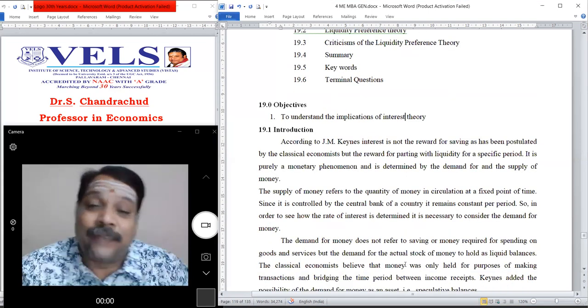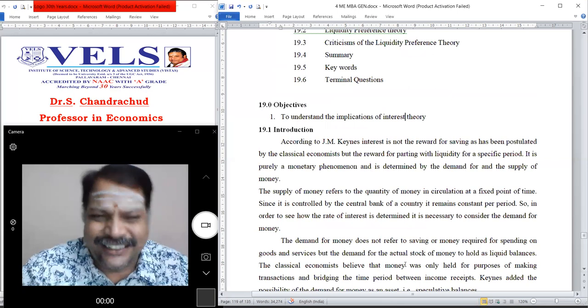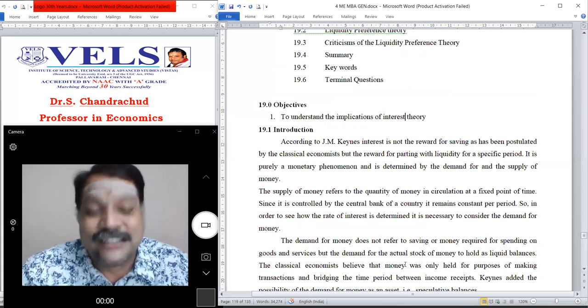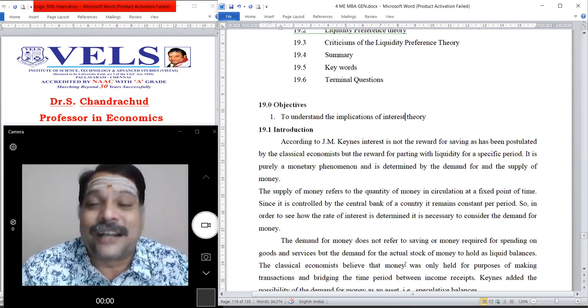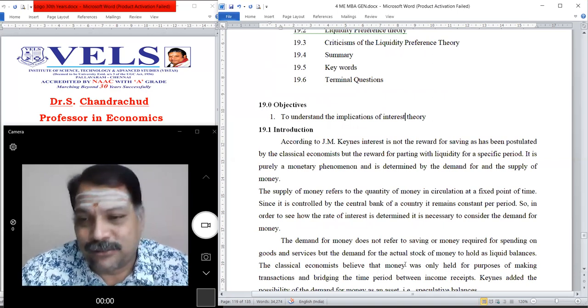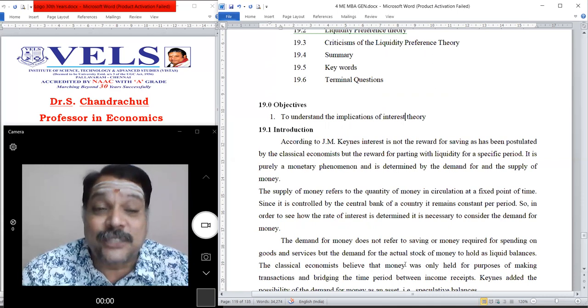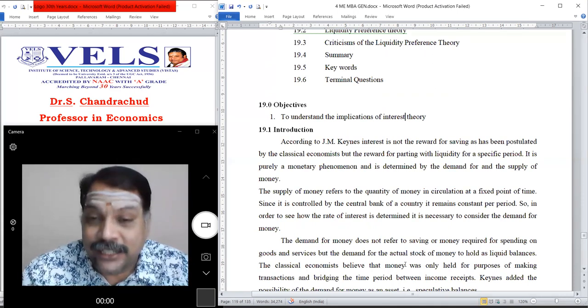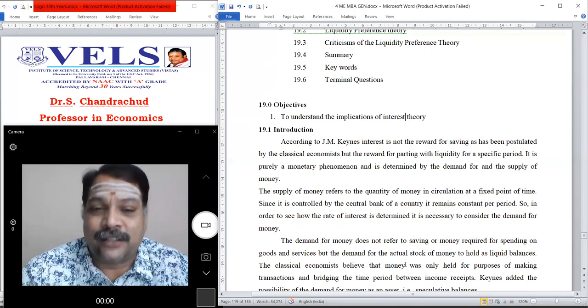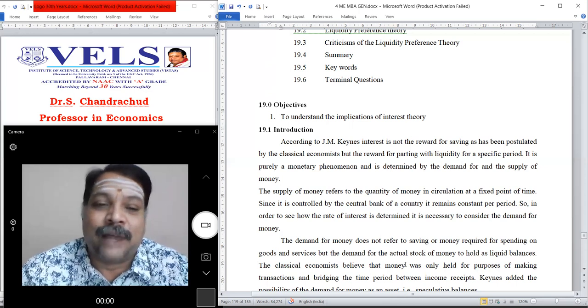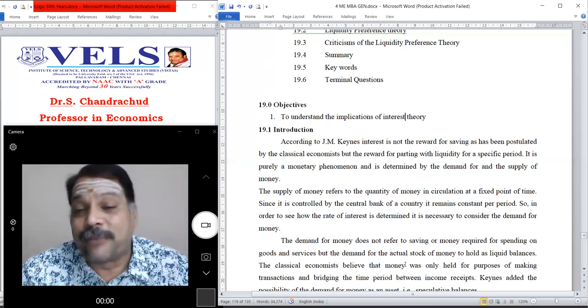According to John Maynard Keynes, interest is not a reward for saving as postulated by the classical economists, but the reward for parting with liquidity for a specific period. It is purely a monetary phenomenon and is determined by demand for and supply of money.